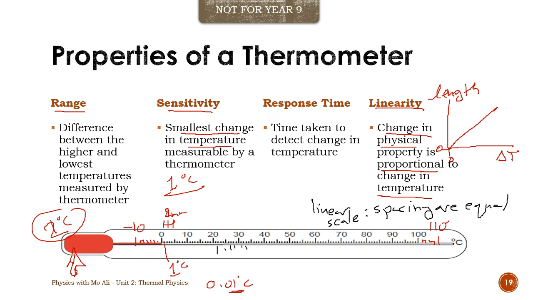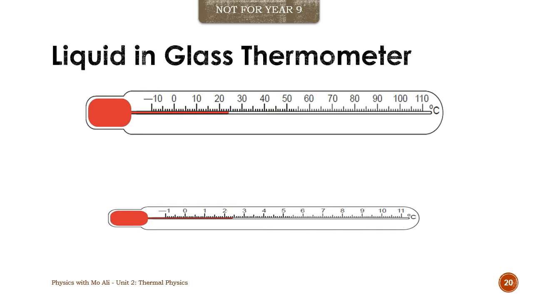This is only possible if the liquid we're using, the mercury that we're using inside this particular tube, is linear. Okay? Right. So these are the 4 different properties that we can change depending on the size and shape of the thermometer tube itself. So let's talk about the thermometer tube itself and how we can affect or change the properties with it.